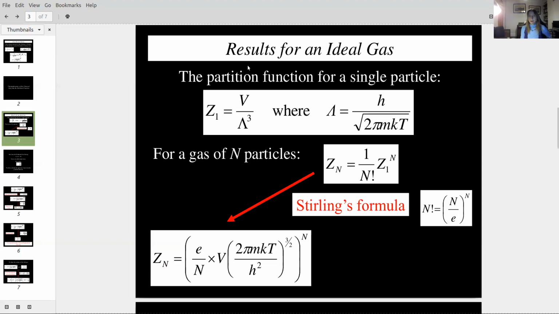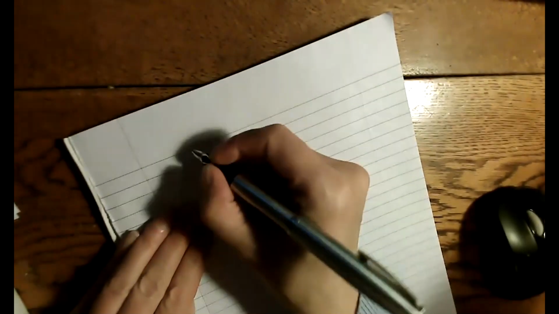We're going to start from our partition function for a single particle, and then use Stirling's formula to get our n particle partition function. Let's write down our single particle partition function first.